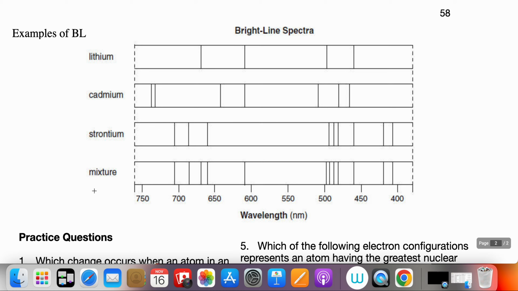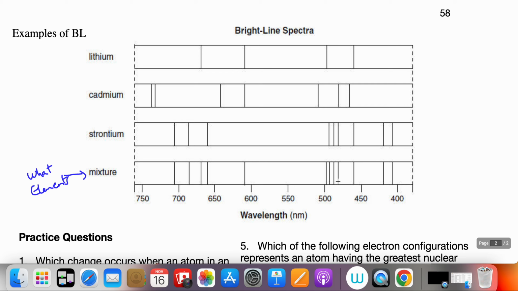And what you will need to do is identify whether all three of these elements are in this mixture, or none of them. So this mixture is made up of what elements? And so what you need to do is just match the lines up.